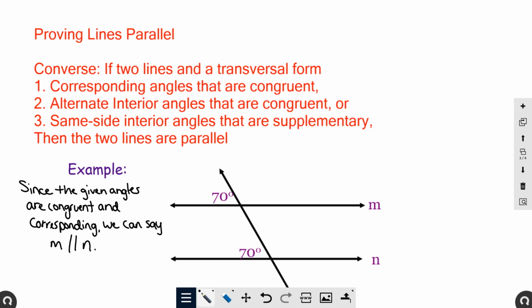The two slanted lines means parallel. And sometimes when we do proofs, which you will see in a minute, the only way we can do it is to write a sentence for it like we did here. So you have to state what type of angles you have, and then you can say that you have parallel lines. So since those two angles are congruent and corresponding, we can say that those two lines, M and N, are parallel. Does that make sense? All right.